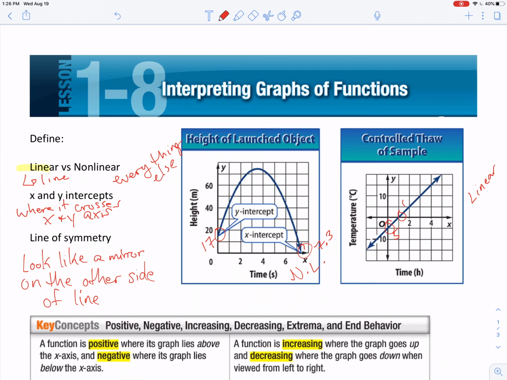So when I look at, say, the height of a launched object, if I drew an imaginary line right here, it looks like a mirror on both sides of that. Whereas with the linear one, there's nowhere I could draw a line vertically where it would look that way. I could draw like a horizontal one, a diagonal one, but that's not normally how we do line of symmetry. So usually line of symmetry is vertical only.